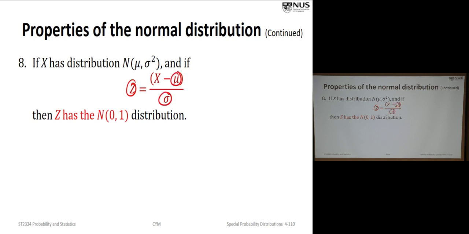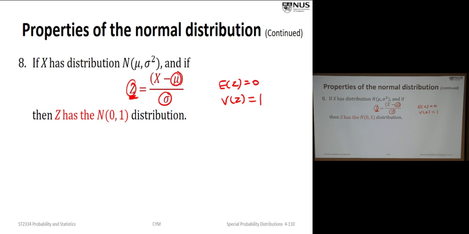This procedure is called standardization. Why call it standardization? Because once we do this transformation, the expectation of Z can be shown equal to 0, and the variance of Z is equal to 1. Okay, so this is considered as a standard or as a reference. The center is at 0 and the variance is 1, or the standard deviation is 1.